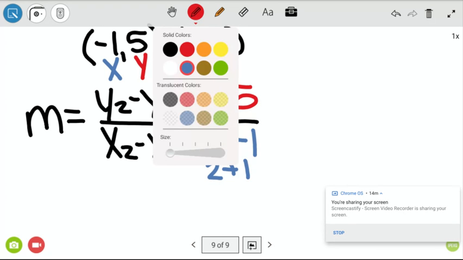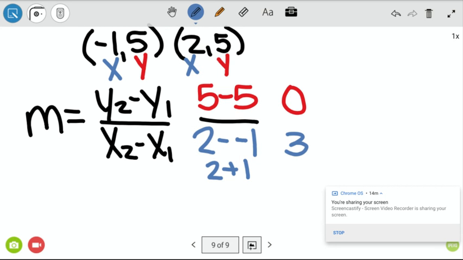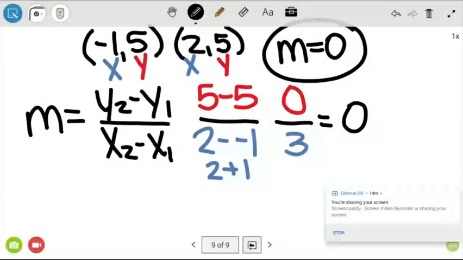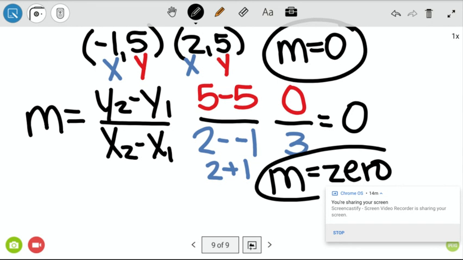So you're actually going to end up with 0 over 3. Now, 0 divided by anything is 0. So on this one, we would actually say the slope is 0. And if you want to actually write the word 0, I'm also okay with that. Either one of those would be acceptable.